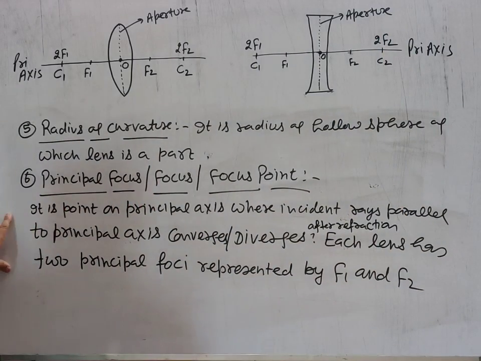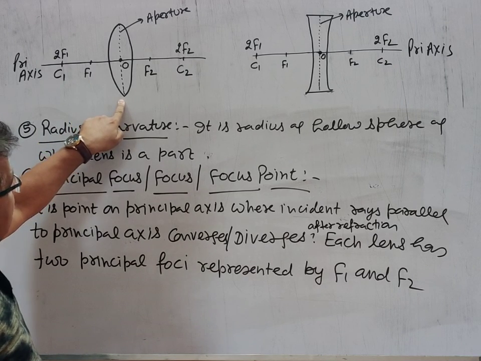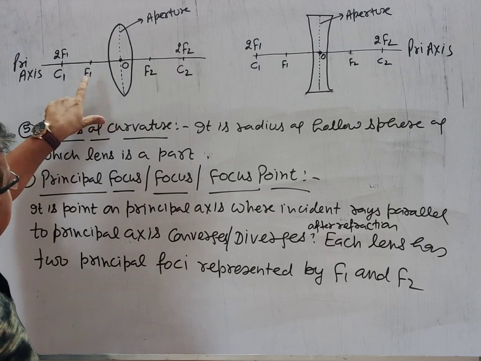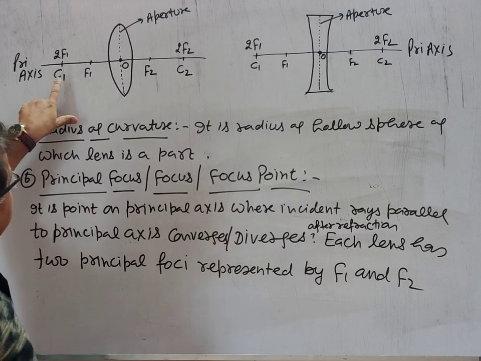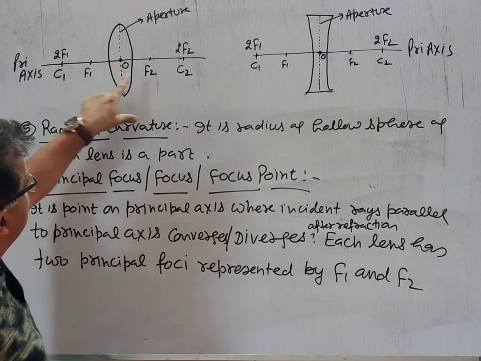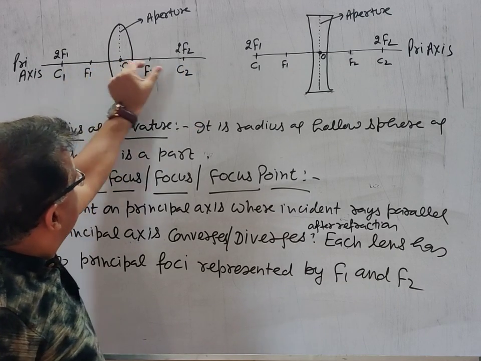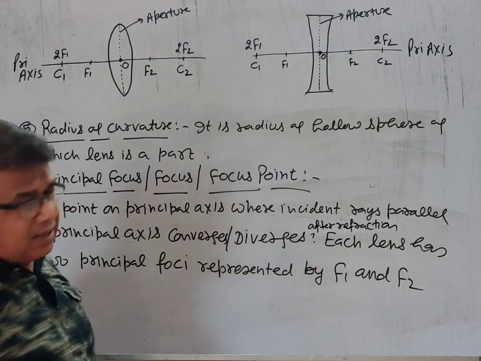Before showing the diagram of principal focus, I am explaining it is a convex lens, optical center, center of the lens, principal focus, center of curvature. This center is at double distance of principal focus, therefore written as 2F1, F2, 2F2 or C2. Distances are equal. Same case in the concave lens.